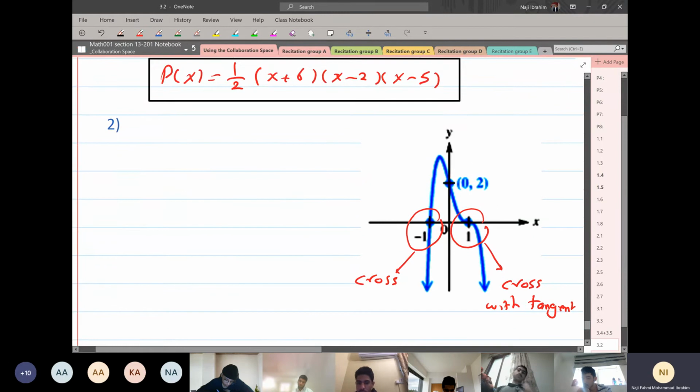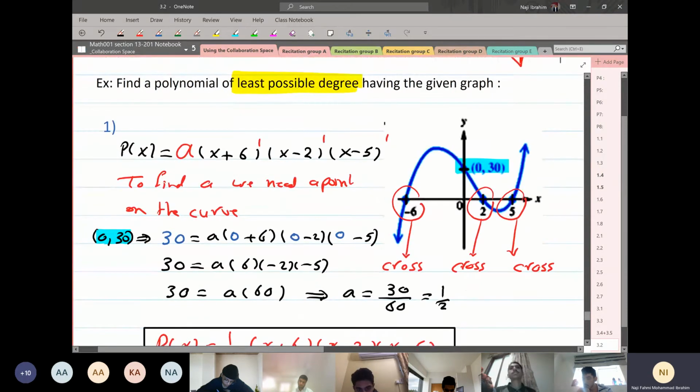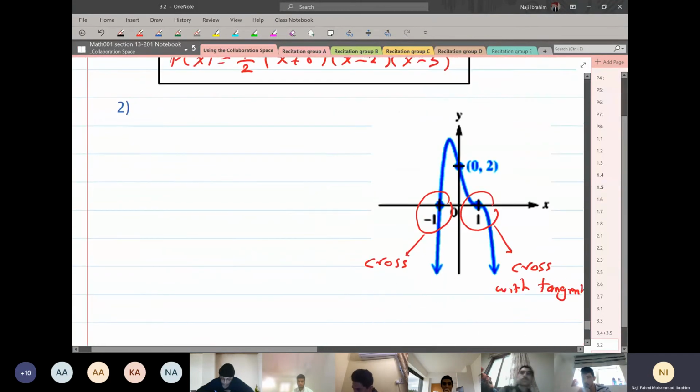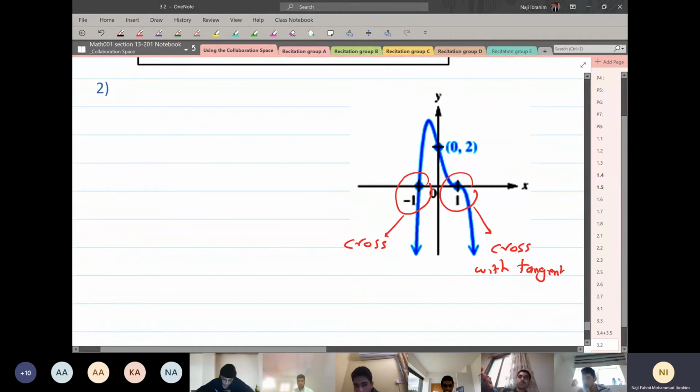Why? Because in the question, read the yellow. He says least possible degree. So I should take power 3 or power 5 or power 7 in this one. 3. Yalla, shabab. Solve this one. I'll give you only 2 minutes to do it. Start solving, shabab.